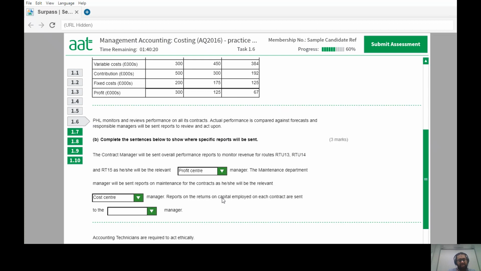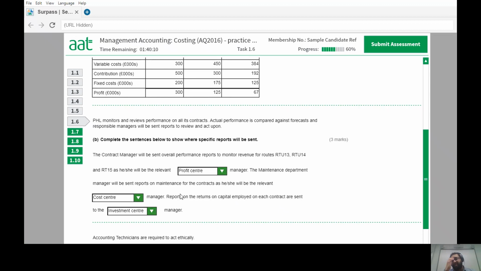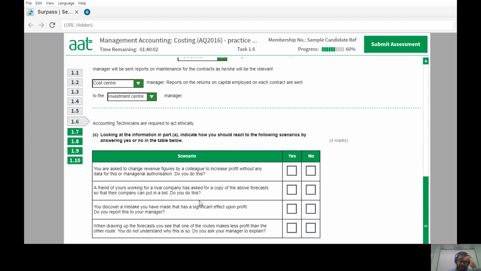And the reports on returns on capital employed on each contract are sent to the investment center manager. So see, these 3 managers fall under different categories, depending on where their cost center is falling. So now let's go further down here.